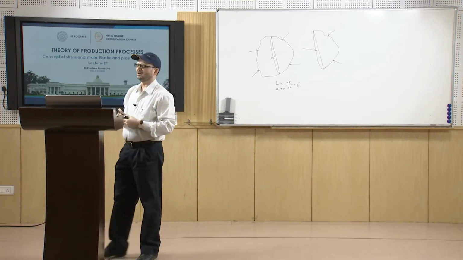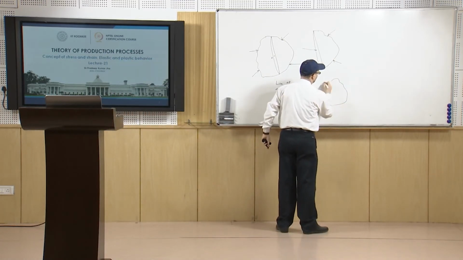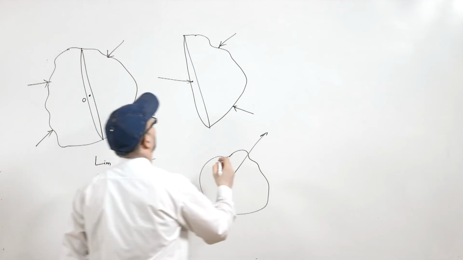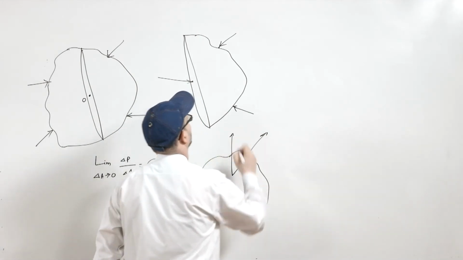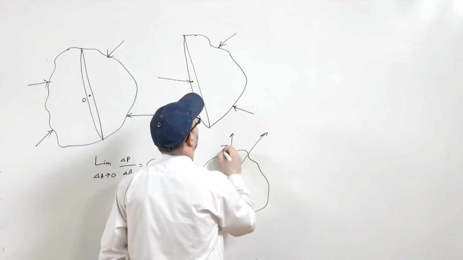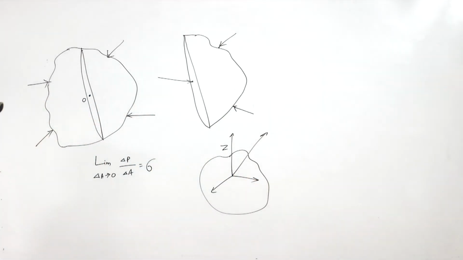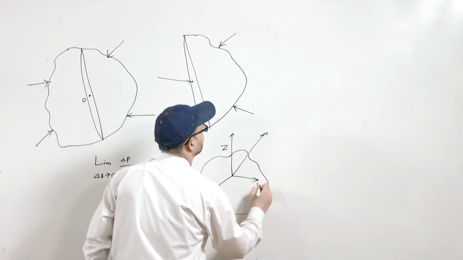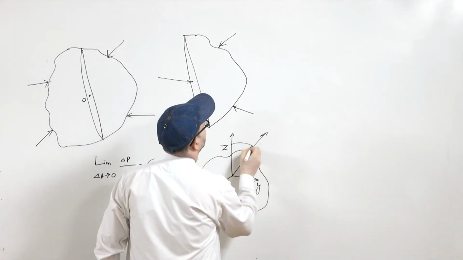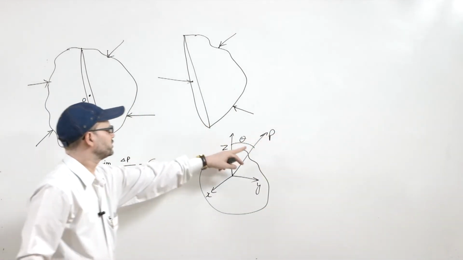Now, again the stress, suppose on any plane you have a stress. Suppose this is a P, and on this plane this is a Z, and you have two directions x and y, and if the area is A, and this is making angle theta, so this P will have two components, P cos theta and P sin theta.